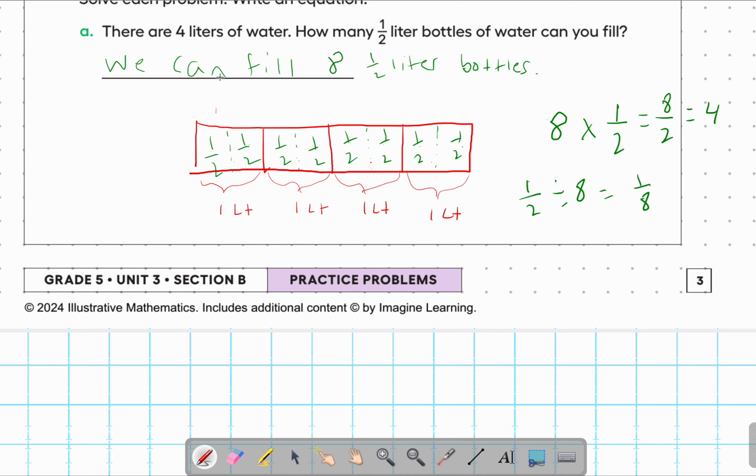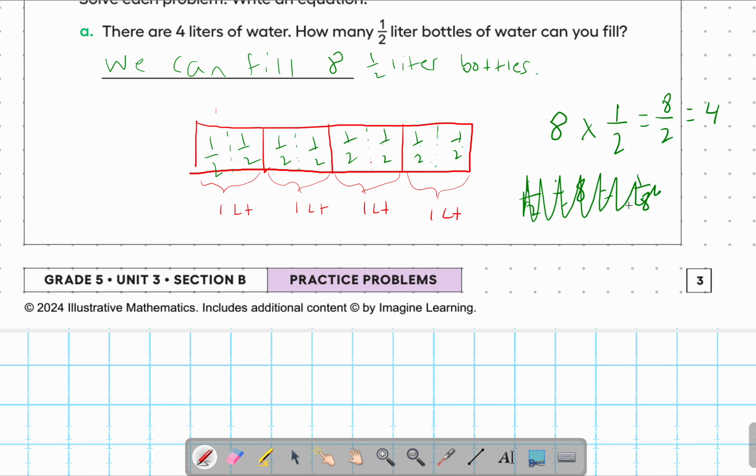Can we fill 1/8 half-liter bottles of water? That doesn't make any sense to the concept of the problem, because 1/8 is a very small number. It's less than 1. That means you're not going to fill even one half-liter bottle of water. So that's why this doesn't make sense.